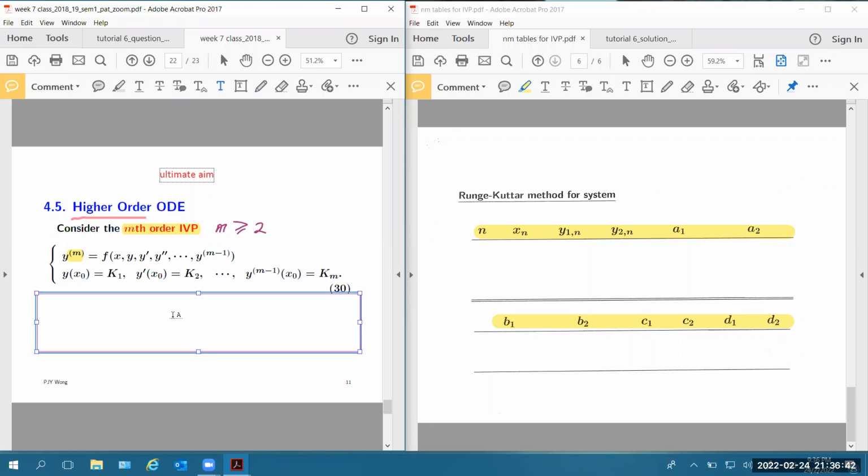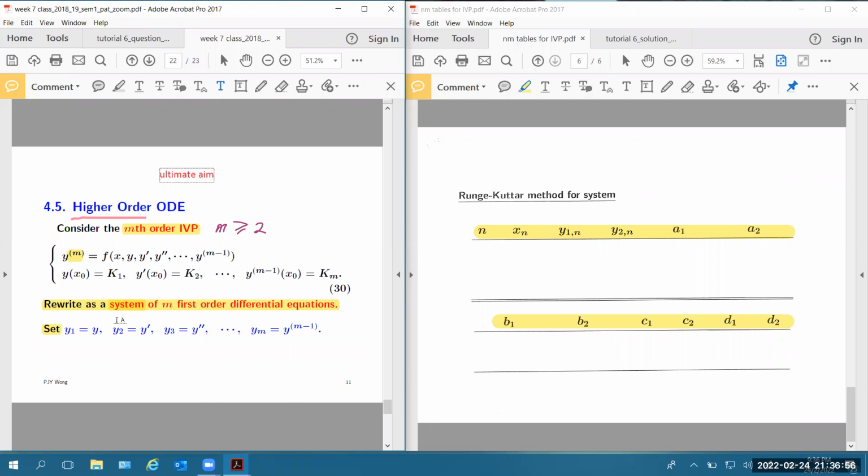So then you wonder how we do that, right? What we do here is we rewrite this m-th order initial value problem as a system of m first order differential equations.